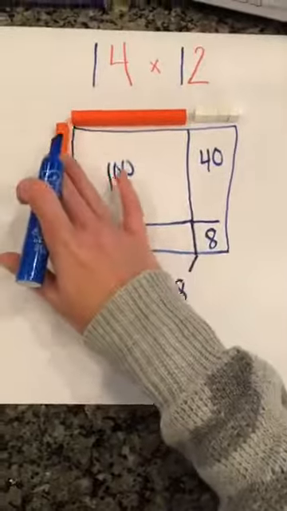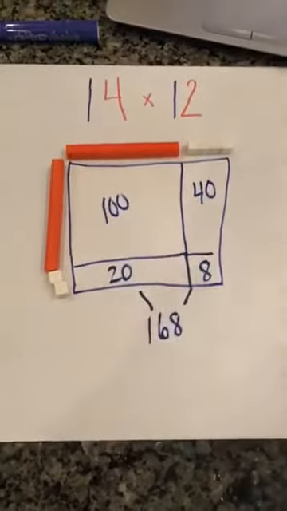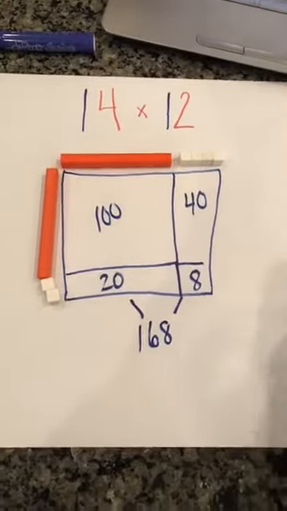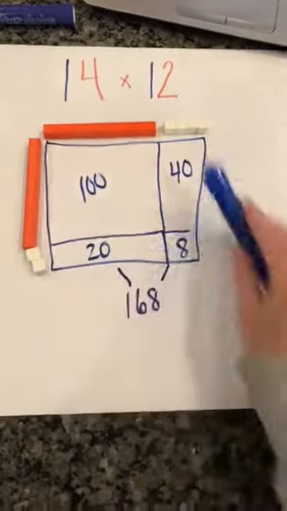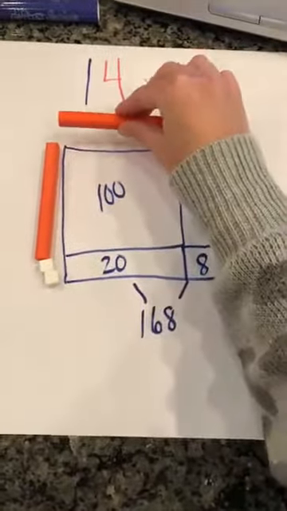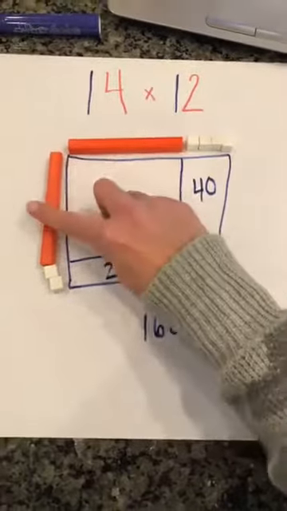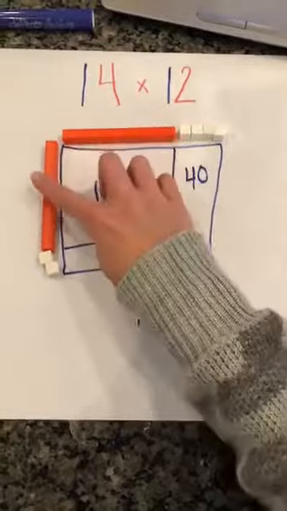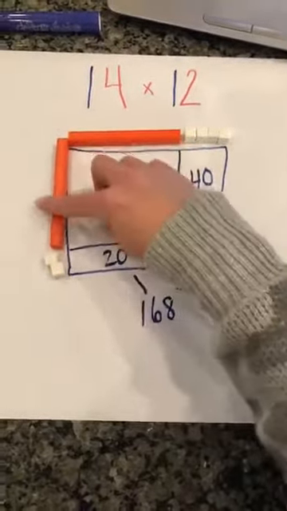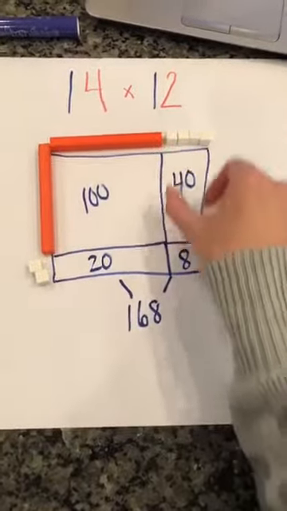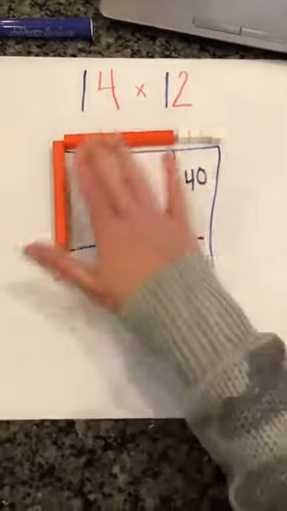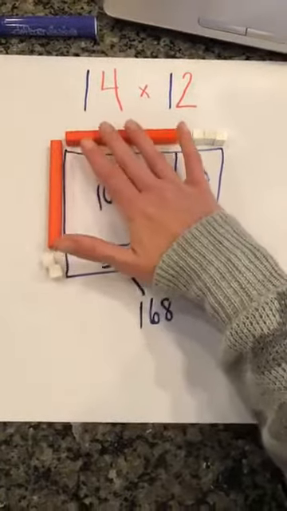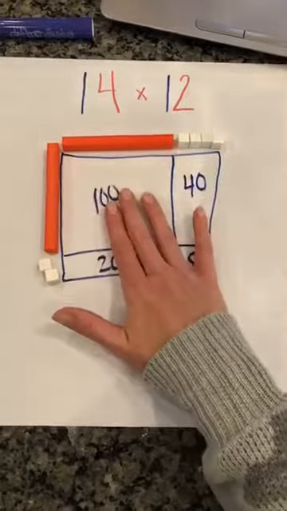So after you share with students, it's really important for them to then start seeing how this area that you've just developed, 14 and 12, creates a solid model. And so in school, we do have a hundreds block that fills this in. We have 10 rods that fill this in, etc. But for the sake of this video, I'm just going to show you the representational thing that you can do at home.